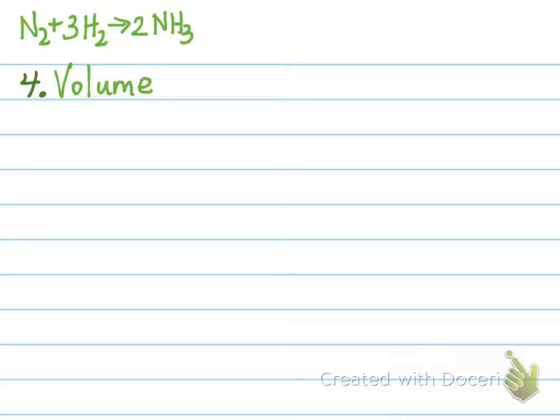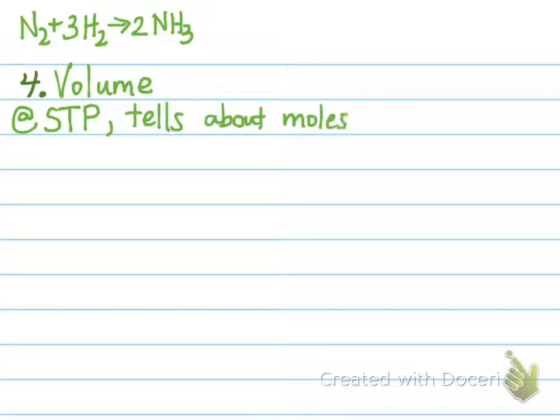So volume, remember we have to be talking about it being at standard temperature and pressure. But then it tells us about the moles of gases. So again, how would I interpret this in terms of volume? Again, here's an example. So again, I'm going to use those coefficients.